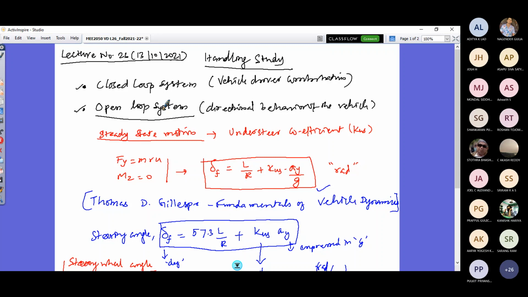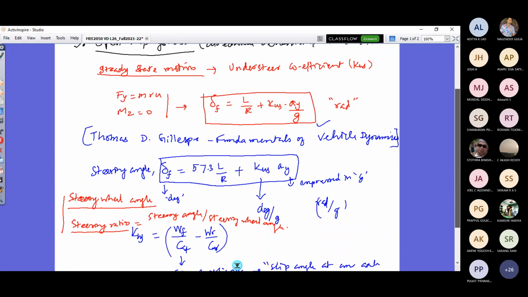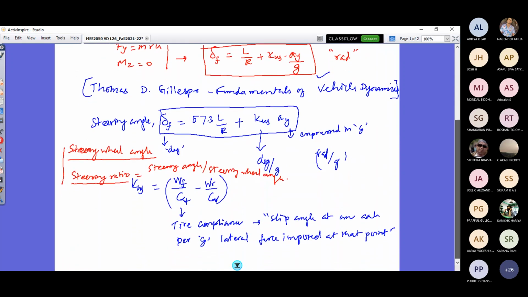Open loop systems are the tests conducted in order to understand the directional behavior of the vehicle, and primarily the steady state motion. What we have looked at, you get an understeer gradient, which is the metric to define your handling capability.